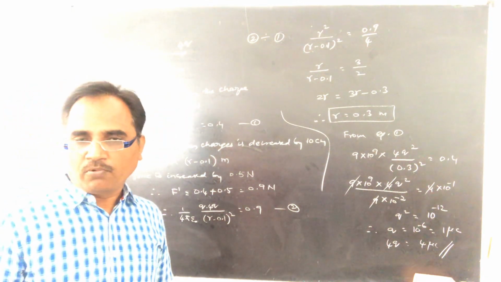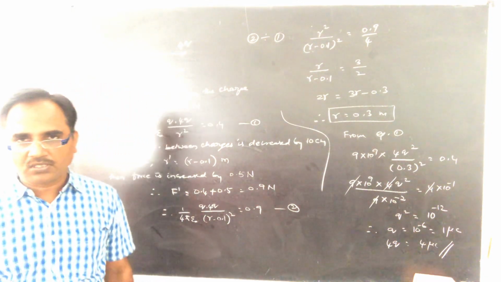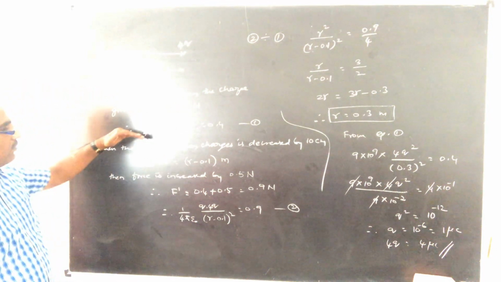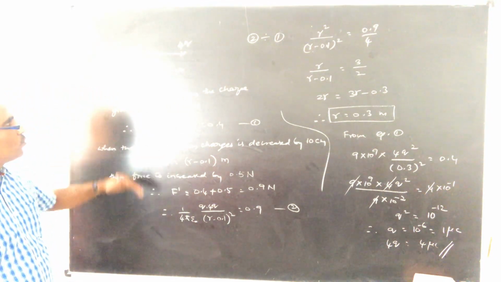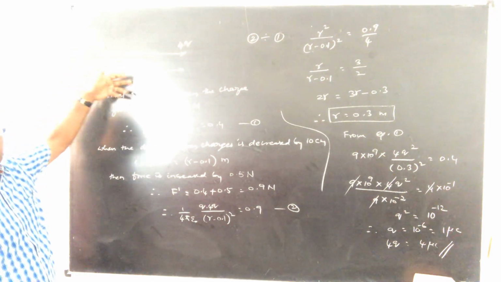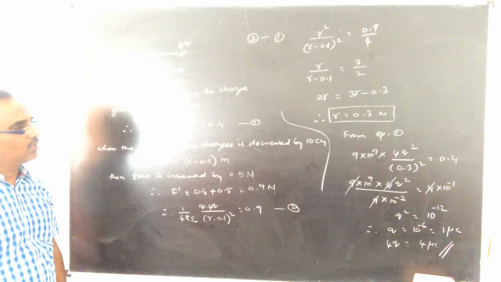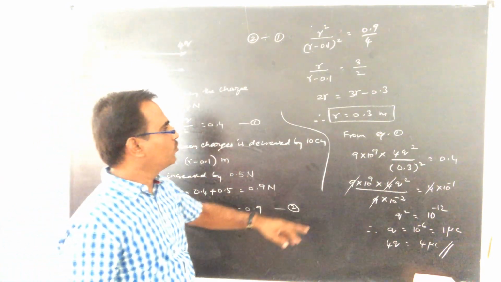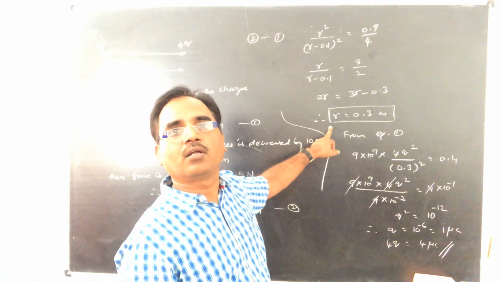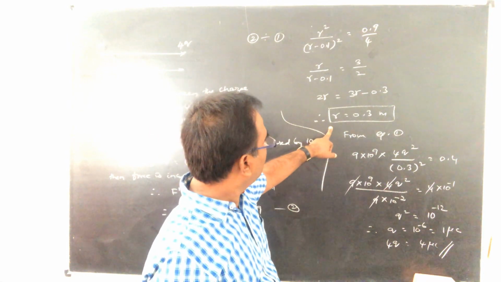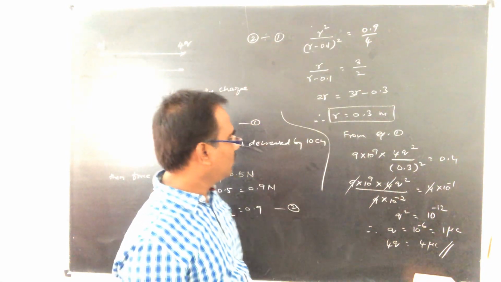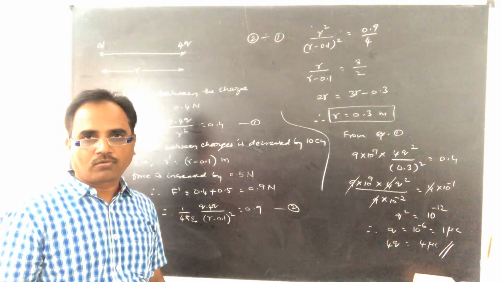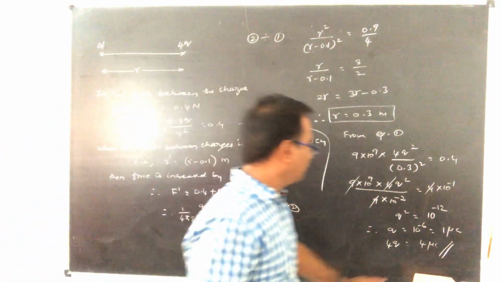This type of problem was also asked in the annual examination once or twice. So first statement is given, second statement is given. From these two statements you are asked to find the charge and separation. On simplifying, first you got r to be 0.3 meter and then the charges to be 1 microcoulomb and 4 microcoulomb.